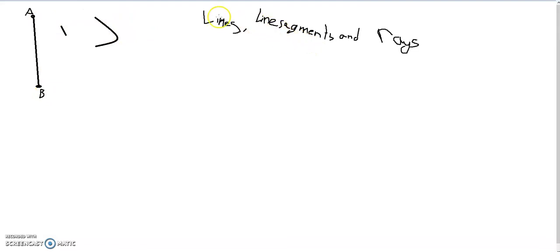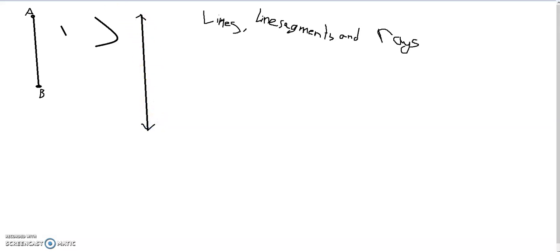And lines are similar to line segments, only they go on forever. And since we can't draw something forever, we usually have arrows in both directions.